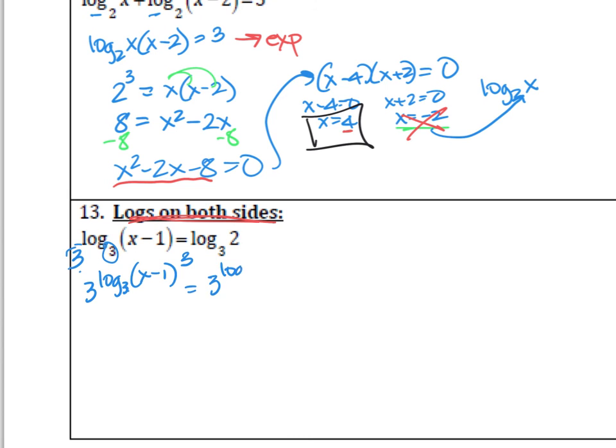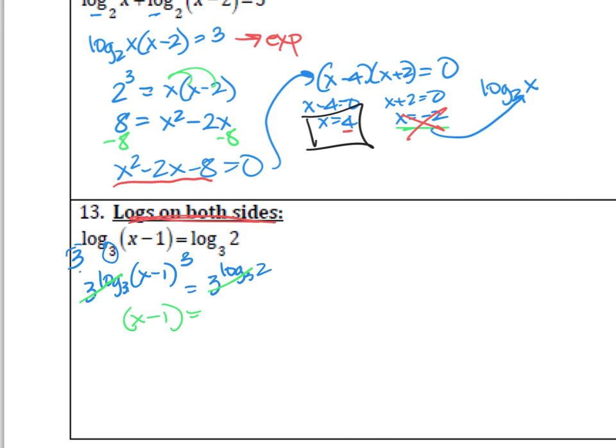So this is what we would have. Now what you need to realize is that a base of 3 with an exponent of a log base 3 goes to 1. So we are left with the x minus 1.